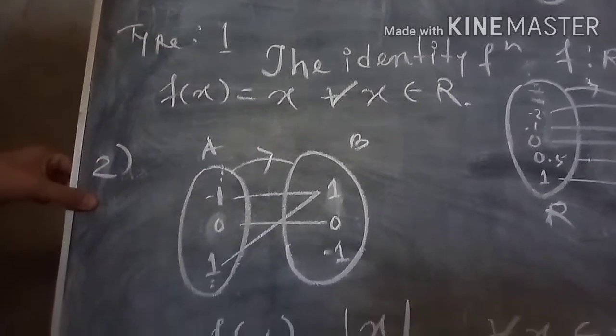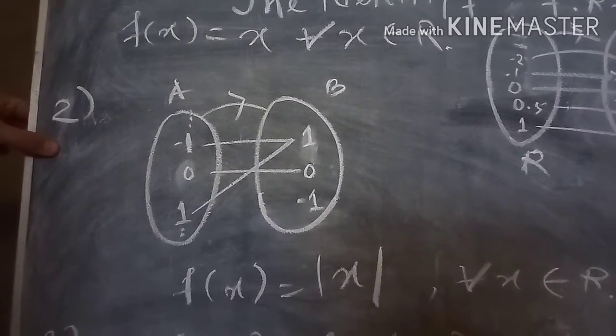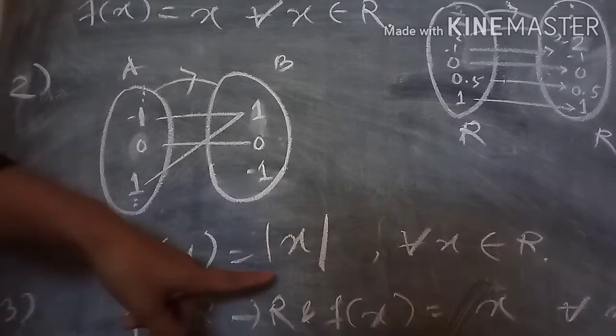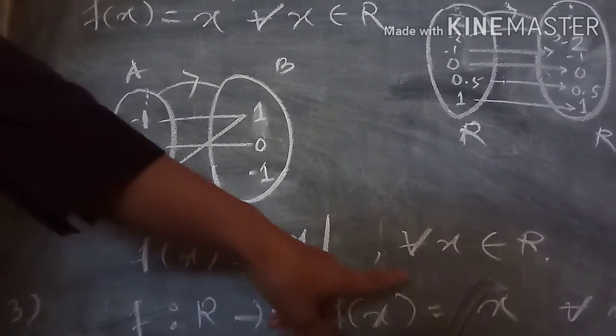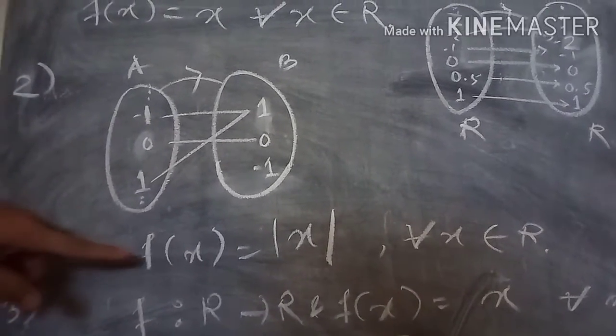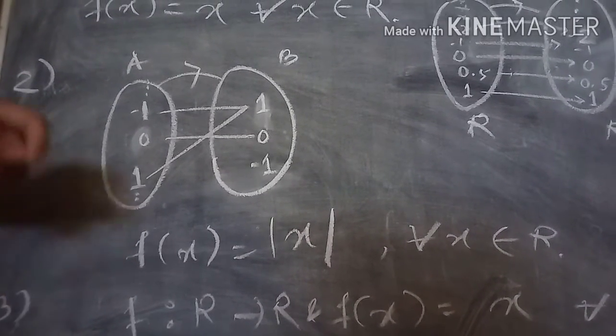Number 2 was many-one function, and the example was the modulus function f of x equal to mod of x for all x belongs to R. So the modulus function will be an example of many-one function. How?